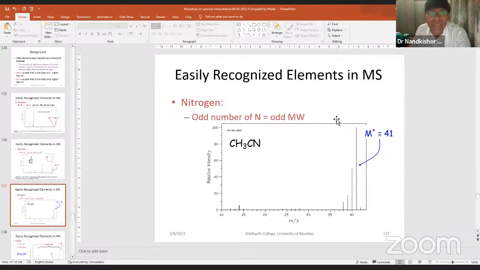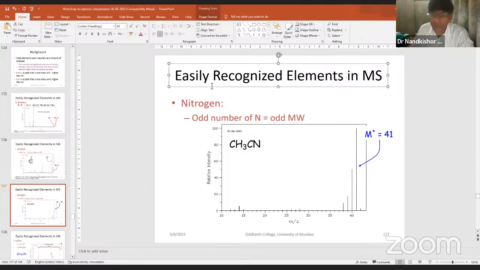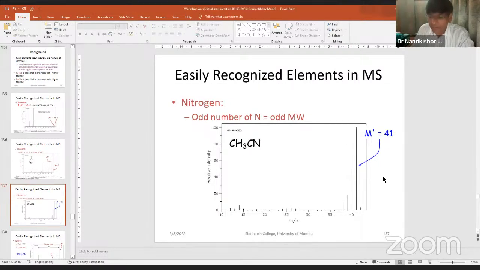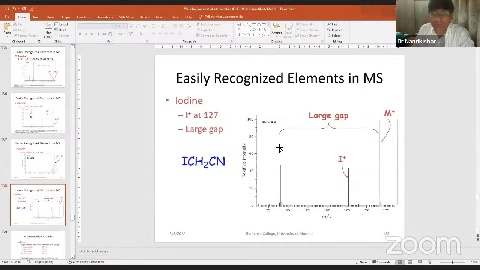An even number of nitrogens gives an even mass in the mass spectrum. You may already know this, but you get crucial information about the structure because of this odd and even number.